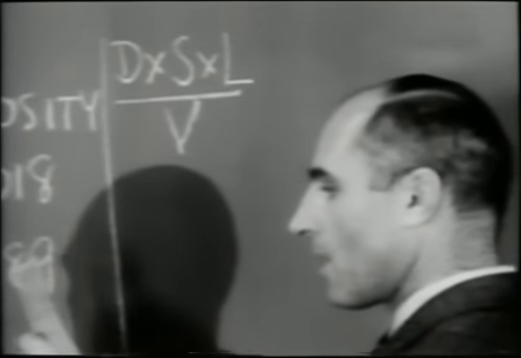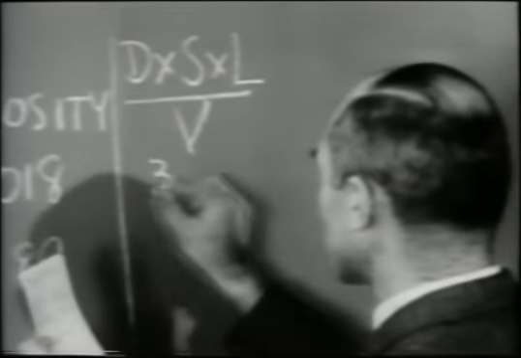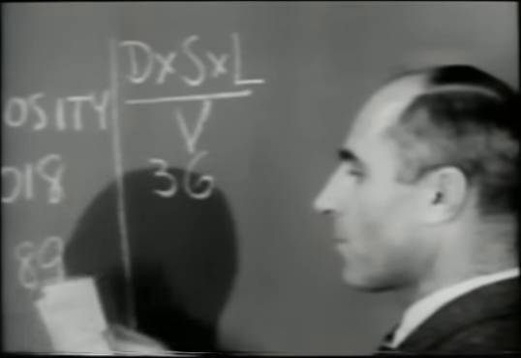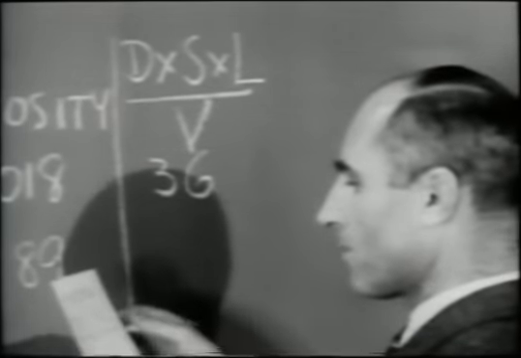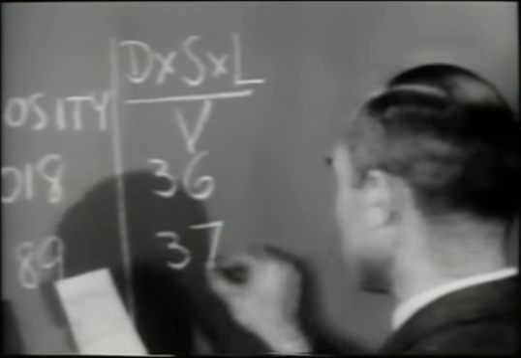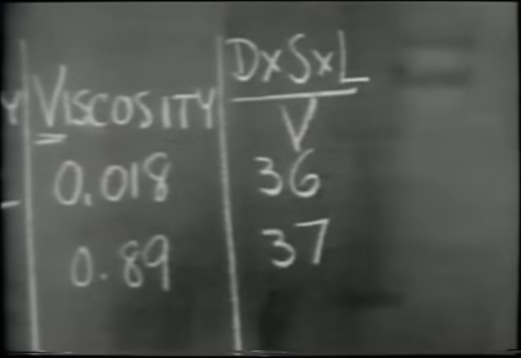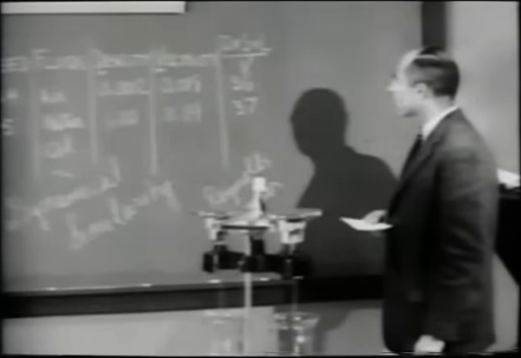For the helium balloon rising in air, we found that the Reynolds number was 36, while for the plastic ball falling in water, the Reynolds number was 37. You can see that for the experiments we selected, the Reynolds numbers differed by only a few percent.